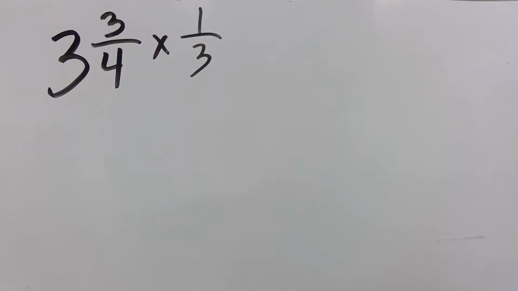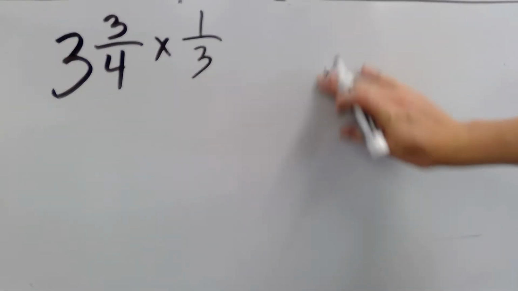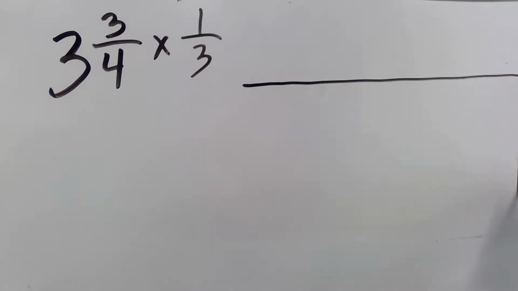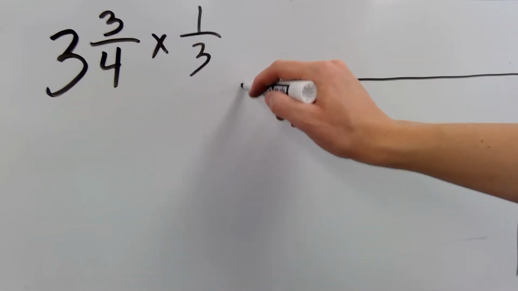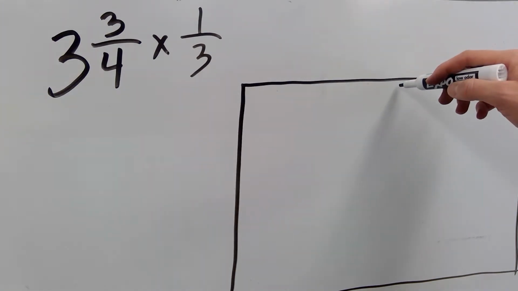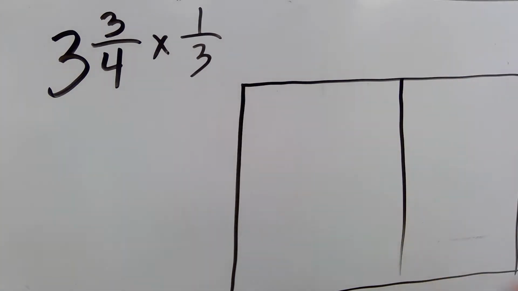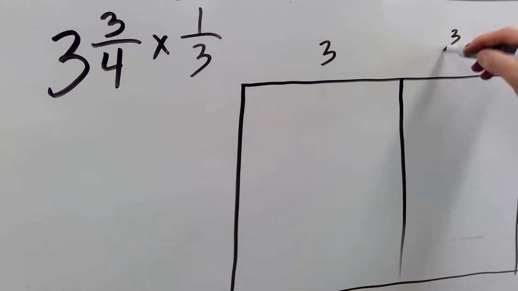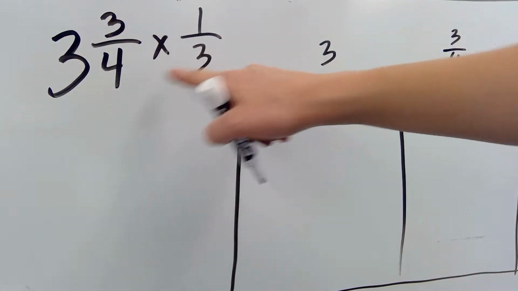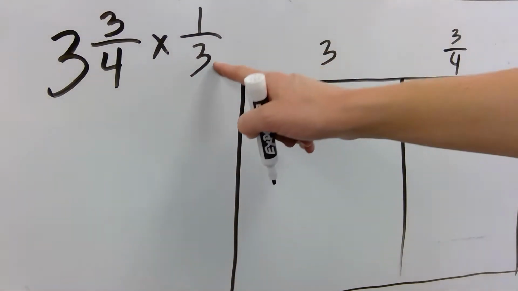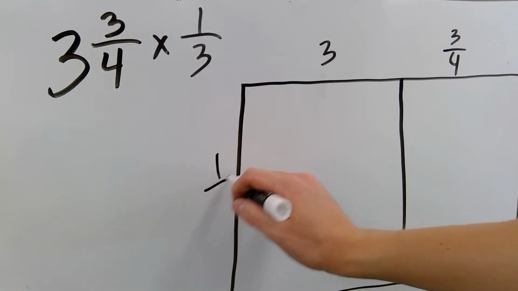First thing I'm going to do is set up my area model so that I can multiply 1/3 by both 3 and 3/4. I'm going to put my 3 here, my 3/4 here, the first part and the second part, and I'm multiplying it by 1/3.